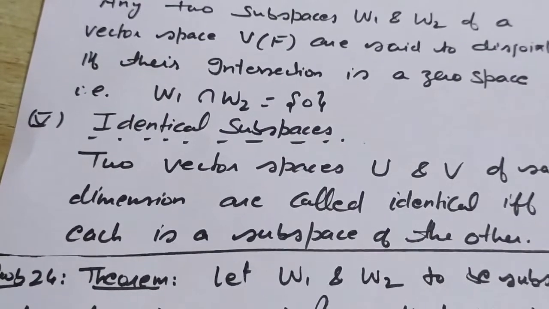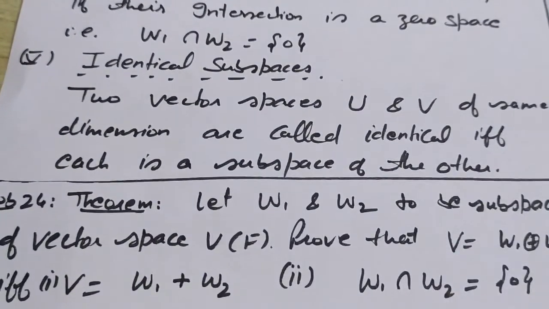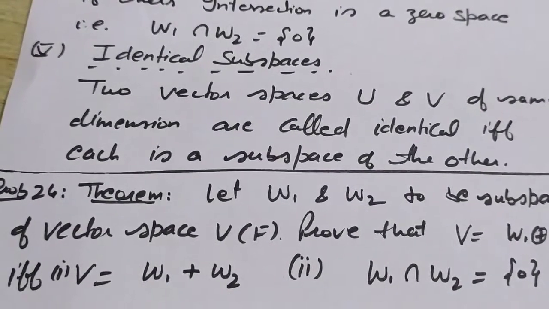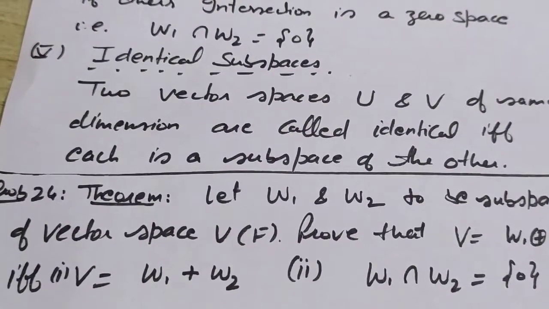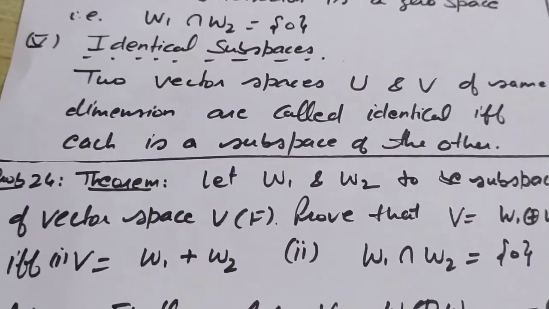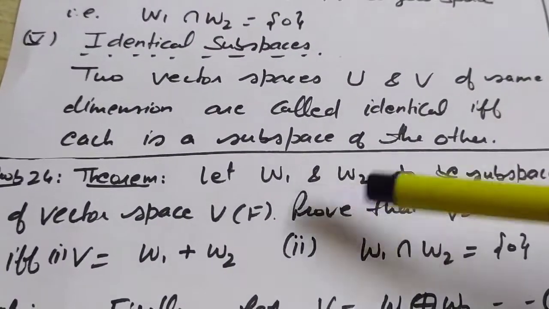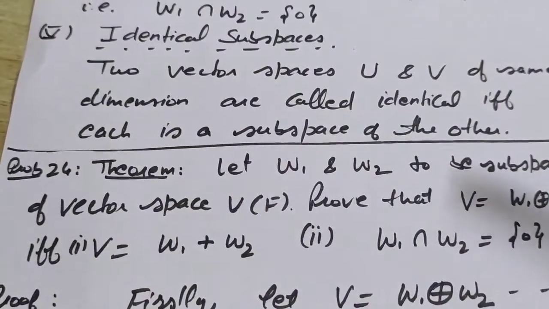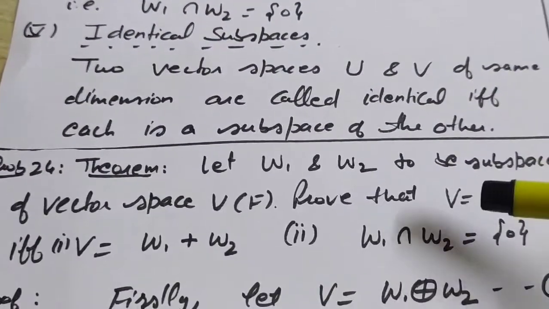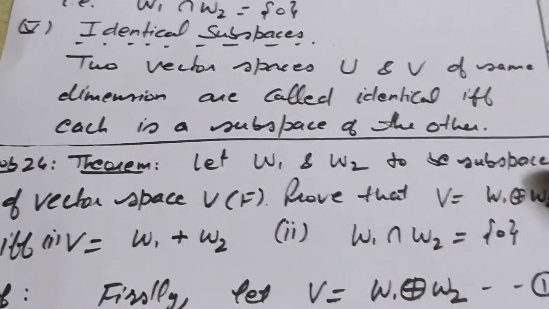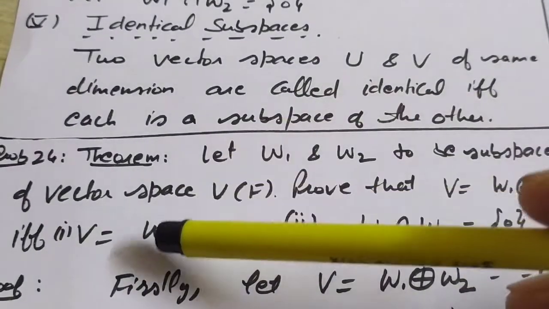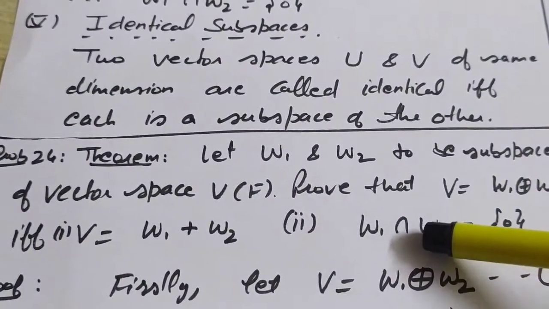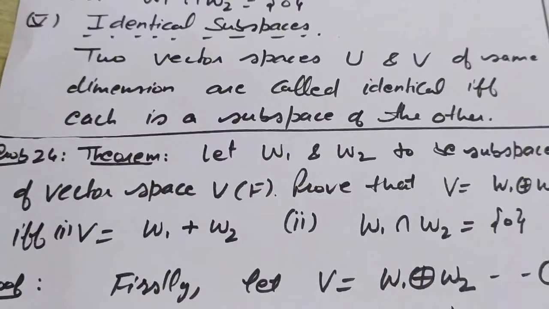Now, based on the concepts of algebra of subspaces, today I will prove one very beautiful theorem. If W1 and W2 are subspaces of the vector space V(F), then V can be written as the direct sum of W1 and W2 if and only if V is the linear sum of W1 and W2 and they are at the same time disjoint.